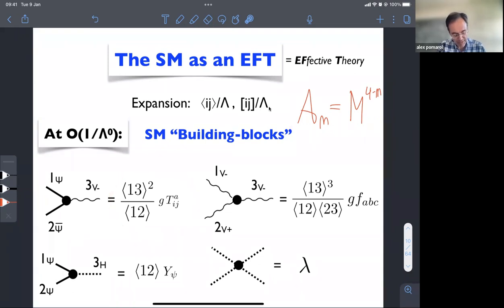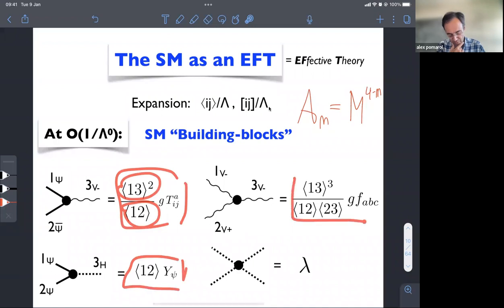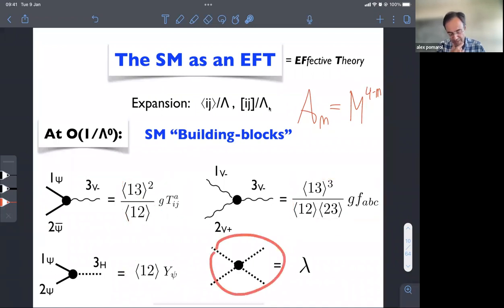This has dimension 2 because each bracket, the square or the angle, has dimension 1. So this is dimension 2 divided by dimension 1, a dimension 1 thing. All of them have dimension 1, except for the 4-point one. Here n is 4, so 4 minus 4 is 0, and it is dimensionless.